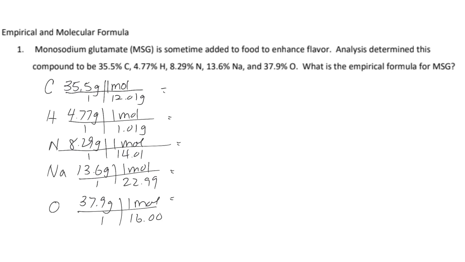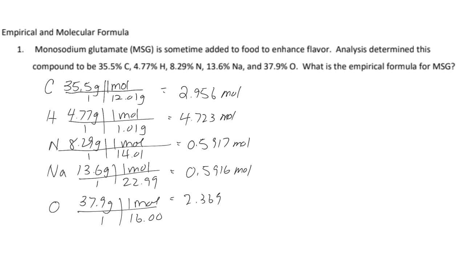So I hit this all into my calculator, and I get 2.956, I get 4.723, 0.5917, 0.5916, which is essentially the same number, and 2.369. So this tells me how many moles of each of those elements are in that compound.